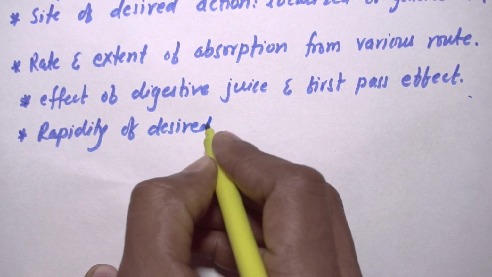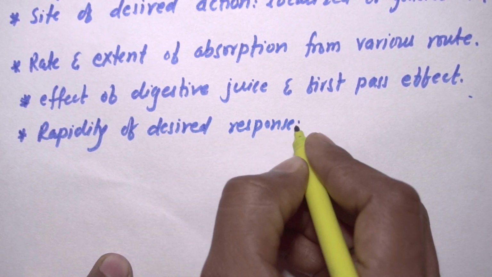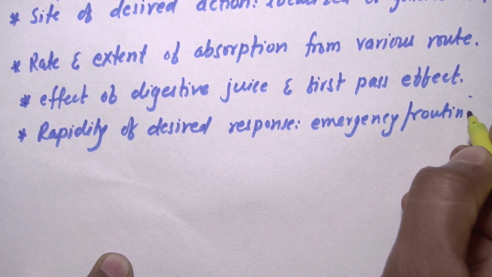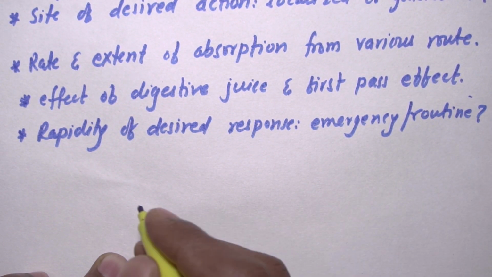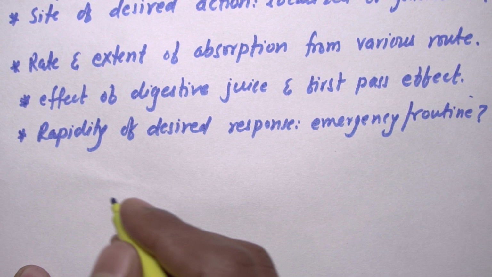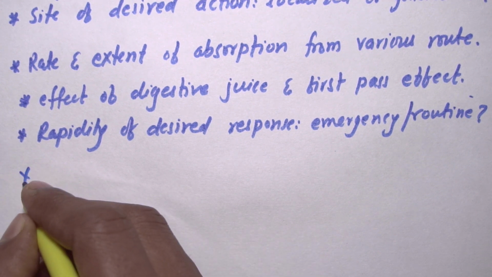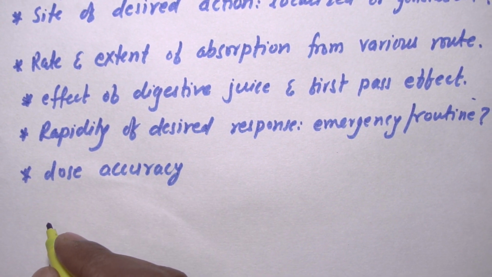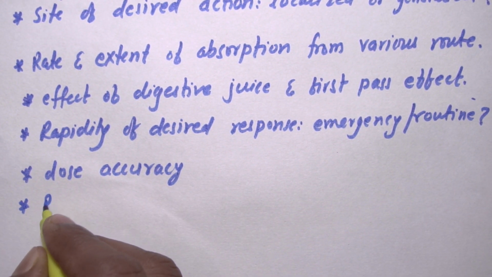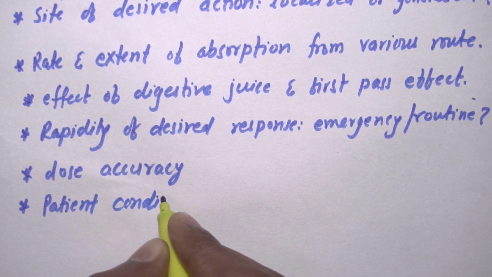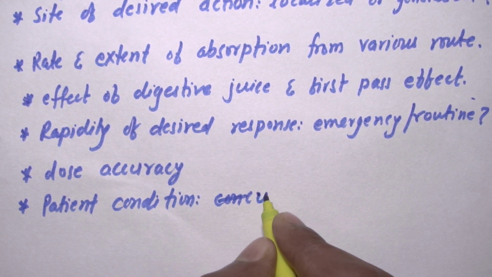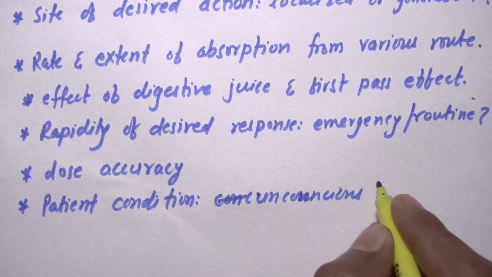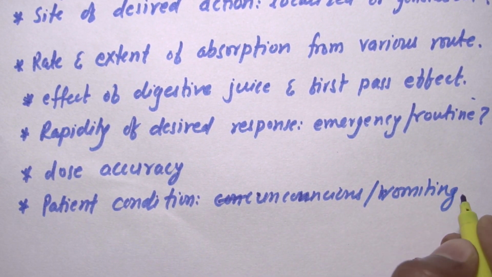Okay, next one is rapidity of desired response, whether we want the response for an emergency condition or it is for a routine checkup. Now next one is dose accuracy. Then the last one is patient condition, whether the patient is unconscious or conscious or whether the patient is vomiting or having diarrhea or other types of problems.